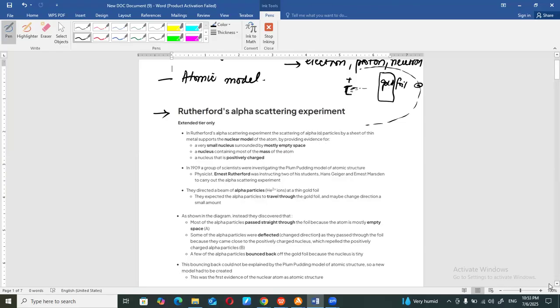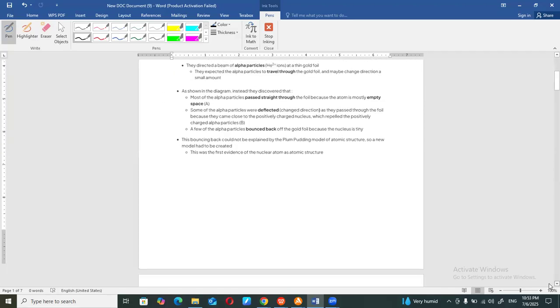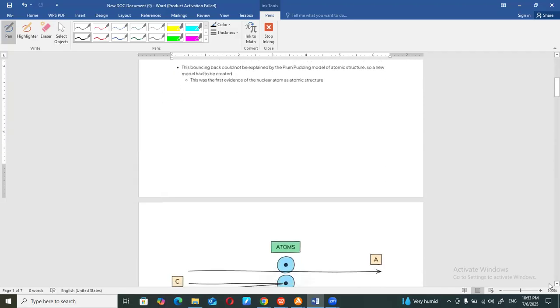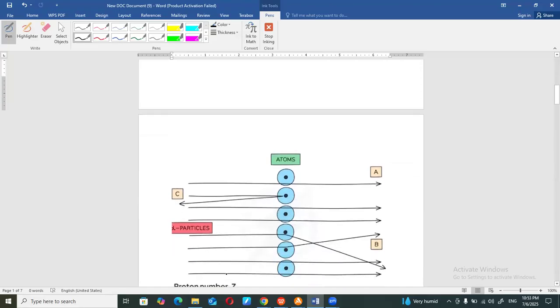What they discovered is like this. Approximately, let's suppose 8 alpha particles are bombarded. The observation was that 5 out of 8 go straight, and they will not be deflected anywhere.